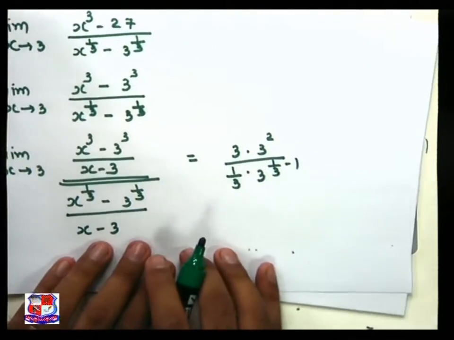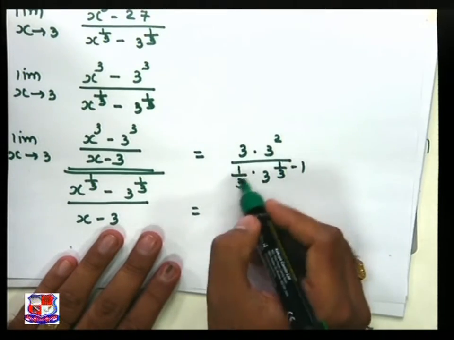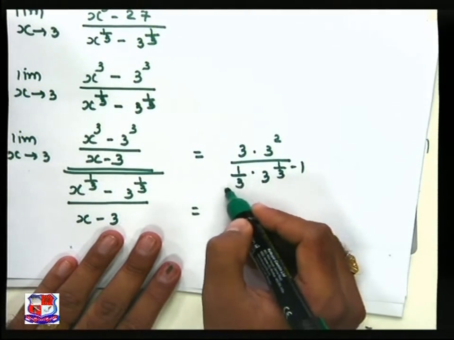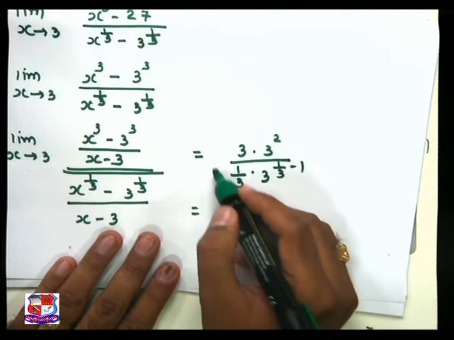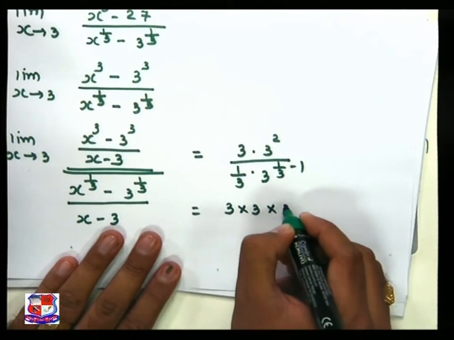So again we want to simplify this step. Here 1 upon 3 is the denominator's denominator, that becomes the numerator, and that is 3 into 3 square.